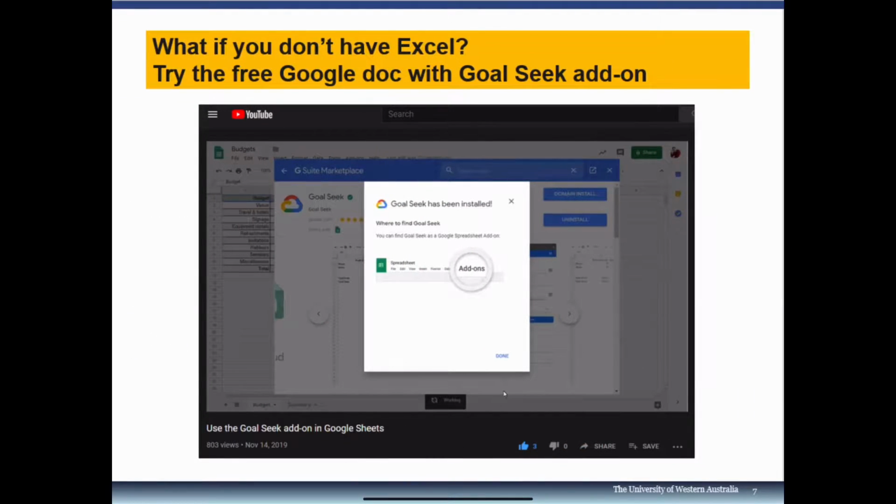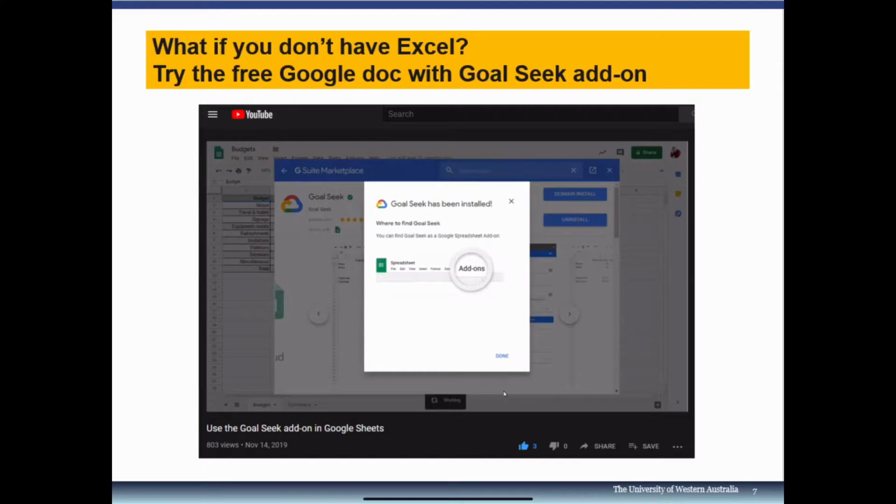And I understand that not everyone pays the expensive Microsoft tax. What should you do without Excel? Well, if you don't have Excel, and if you don't have the Mac version of Numbers, you should consider trying the free Google Sheets with the GoalSeek add-on, right? So here is a screenshot of one of the videos that you can find on YouTube, called "Use the GoalSeek add-on in Google Sheets."